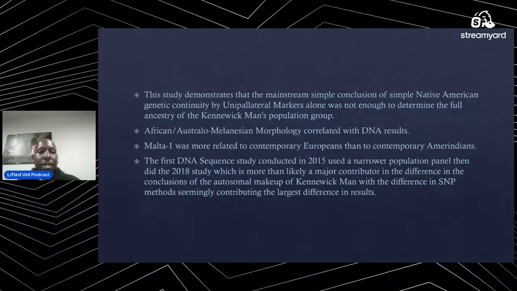The first DNA sequence study conducted in 2015 used a narrower population panel than did the 2018 study, at least in terms of some of the ancient populations. So it wasn't a wide margin, but they did use a handful of extra ancient specimens that the 2015 study didn't use, which is more than likely a major contributor in the difference in the conclusions of the autosomal makeup of Kennewick man, with the difference in SNP methods seemingly contributing to the largest difference in results.